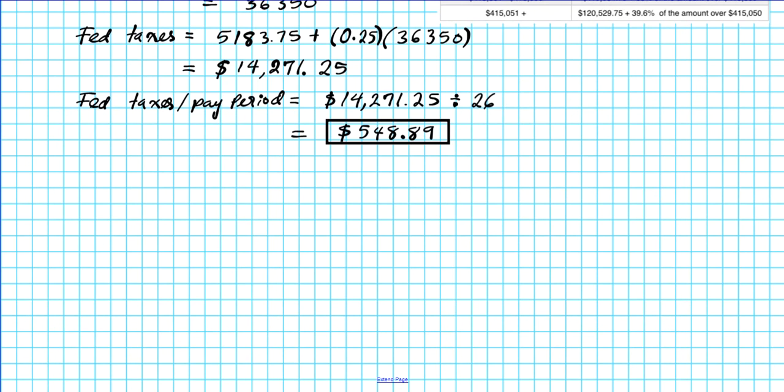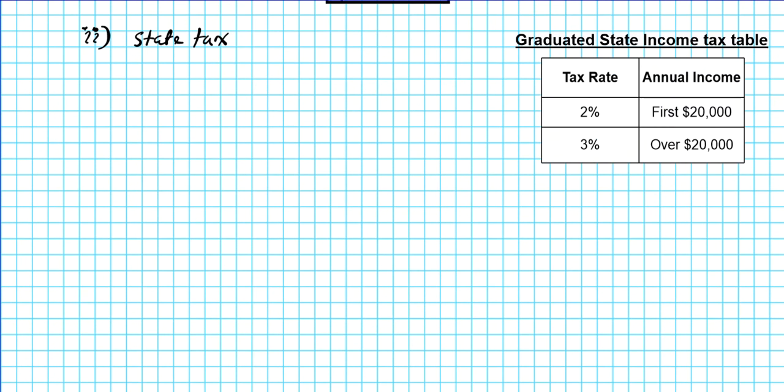Now let's advance to the second deduction, which is state taxes. So how much does she pay for state tax? The state taxes for Maria here is of a graduated nature.